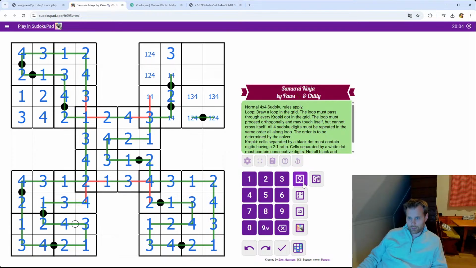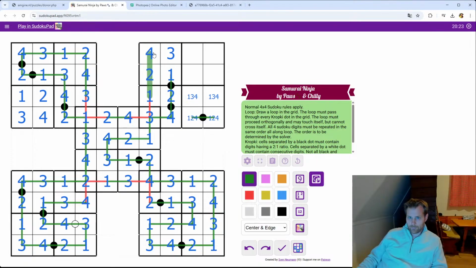So this must be a 4, and this must be a 1. And those are not 1. This is a 1. 3, 1. So that must be a 2, and that must be a 4. And then 3. Then this must be a 1.